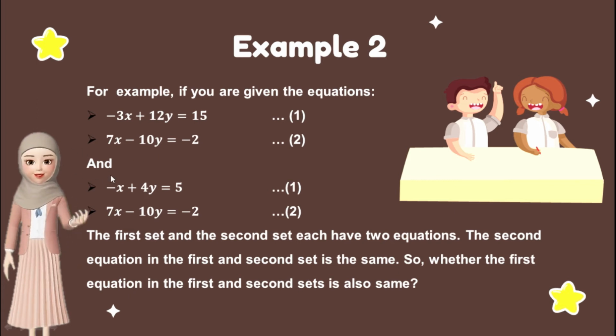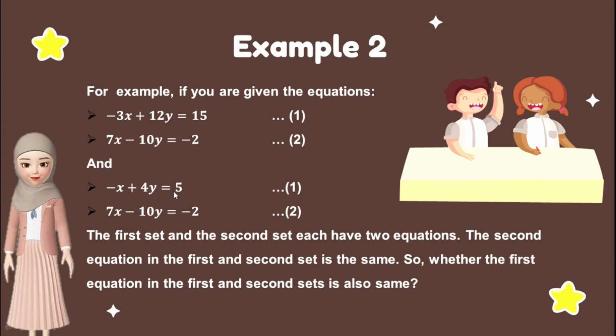And the second set also consists of two equations. The first equation is minus x plus 4y equals 5. And the second equation is 7x minus 10y equals minus 2.